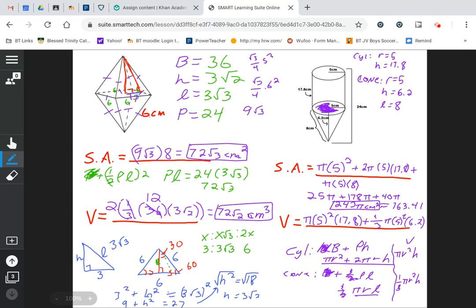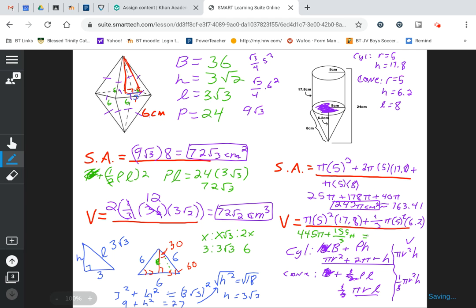All right, so that gives me 25 times 17.8, and that's going to give me 445 pi for my cylinder, plus 25 times 6.2, which is 155 over 3. So that's 155 over 3 pi.